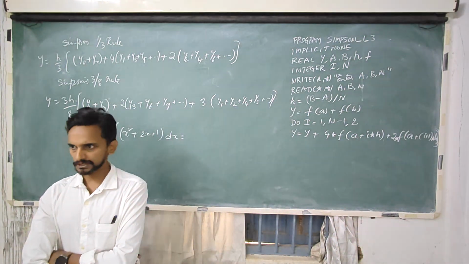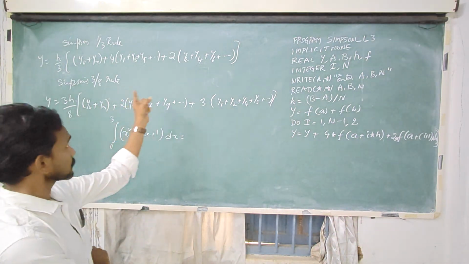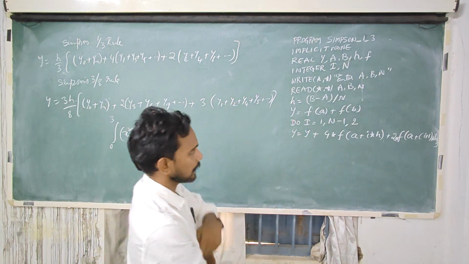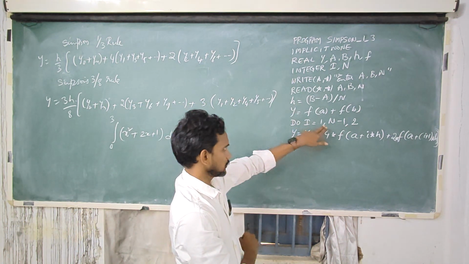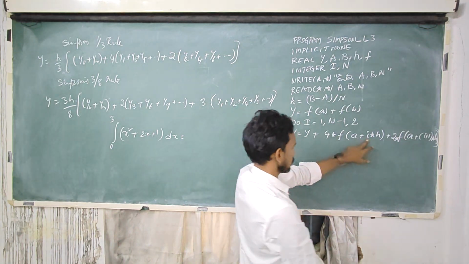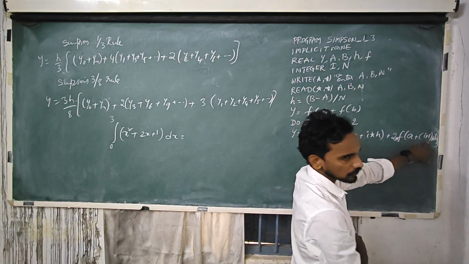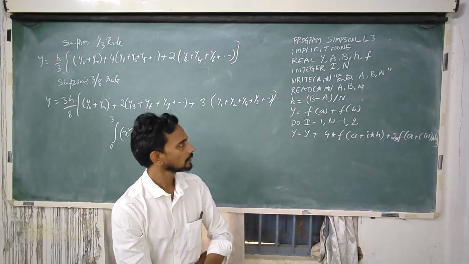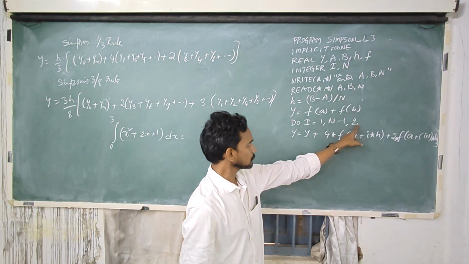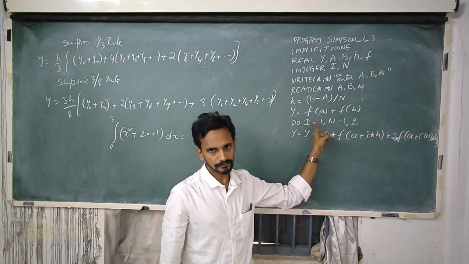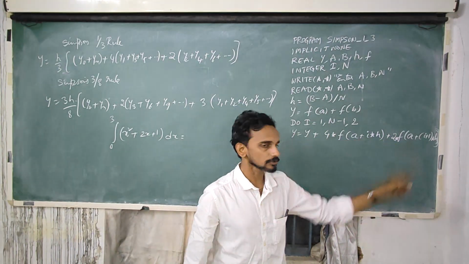Four times f of a plus I h and 2 times f of a plus I plus 1 h. So in the first stage it takes a plus 1h and a plus 2h. Next stage I increases by 2, so I becomes 3. So 3h plus 4h.